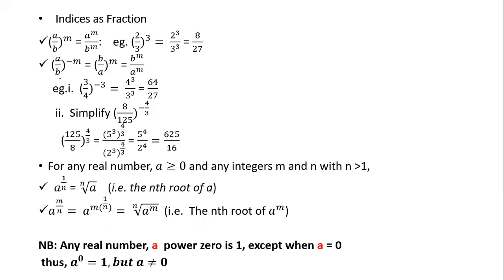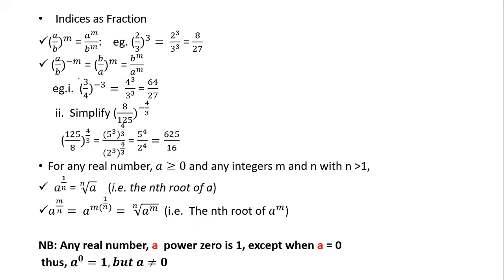It means if you have A over B power negative m, it's a matter of reciprocating the fraction, sending the numerator down and the denominator up. So we are interchanging A and B, and the sign will go away. So A over B all power negative m becomes B over A power m, and that will further give us B power m over A power m.